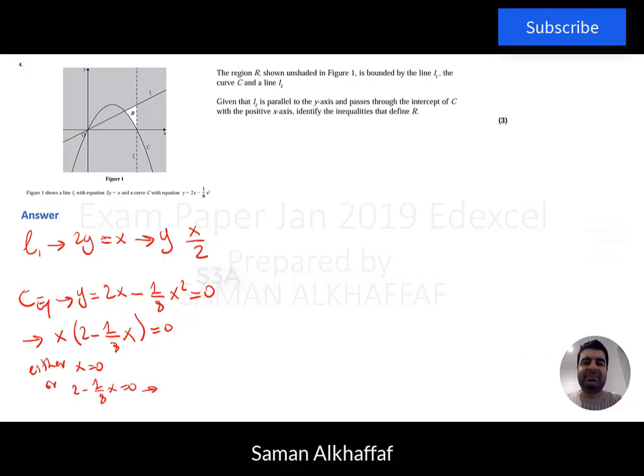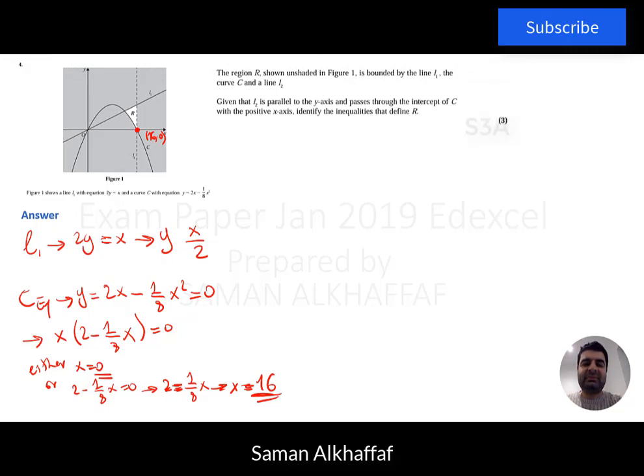That would give us 2 equals 1 over 8x, and we will cross multiply. That will give us x to be 1/16, and these will be the values of x in this scenario. So the point where it crosses the x-axis is here, which is (1/16, 0), and also (0, 0).